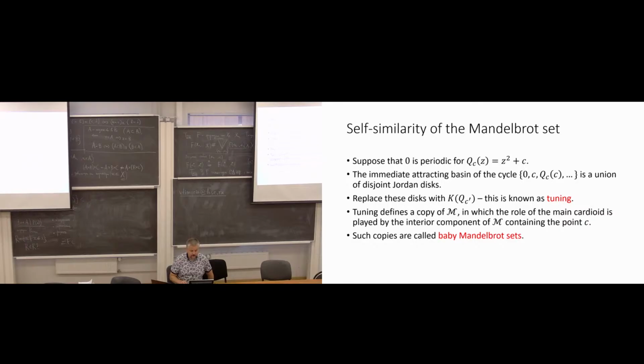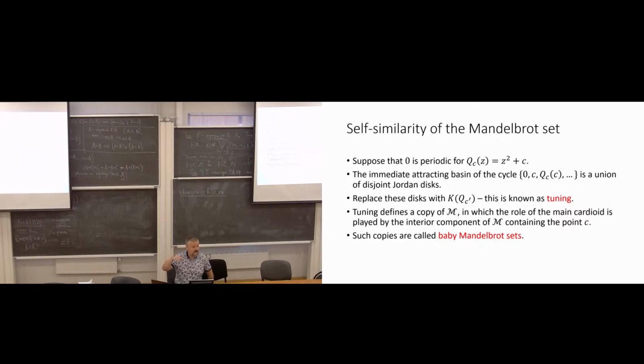Now, the boundaries are just circles. So if you take the cycle of the critical point, the super attracting cycle, then there are points attracted to the cycle. And around each point of the cycle, there is a component of this attracting basin.